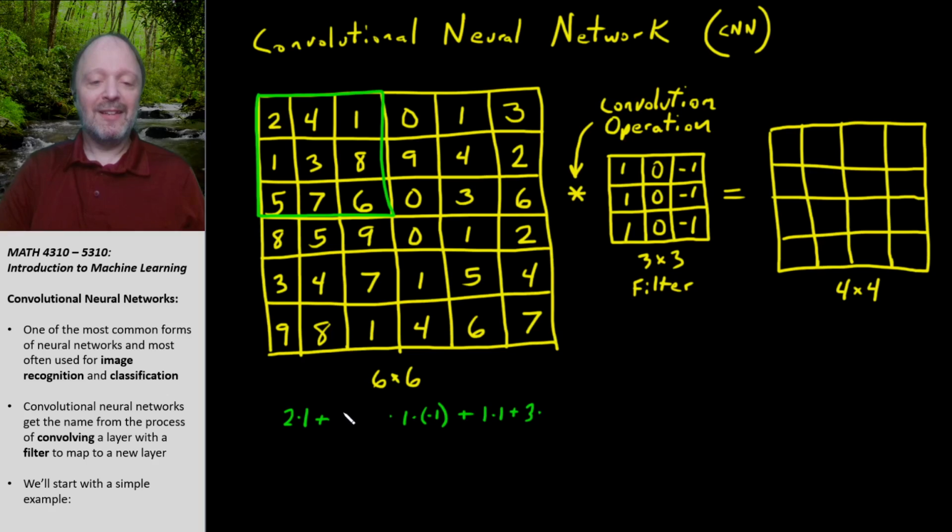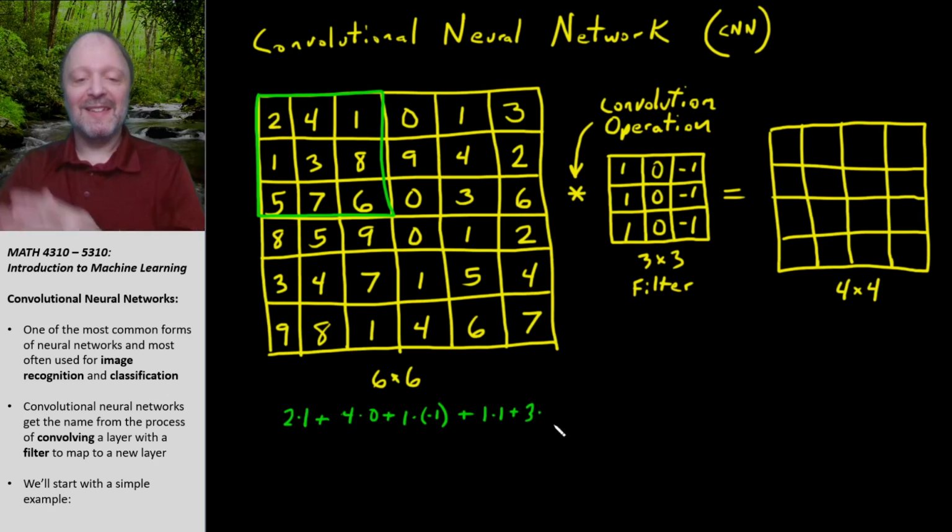That should be 4 times 0 plus, there we go. I want to keep the values times the operation so it sticks to the right order. 1 times 1, 3 times 0, plus 8 times -1.